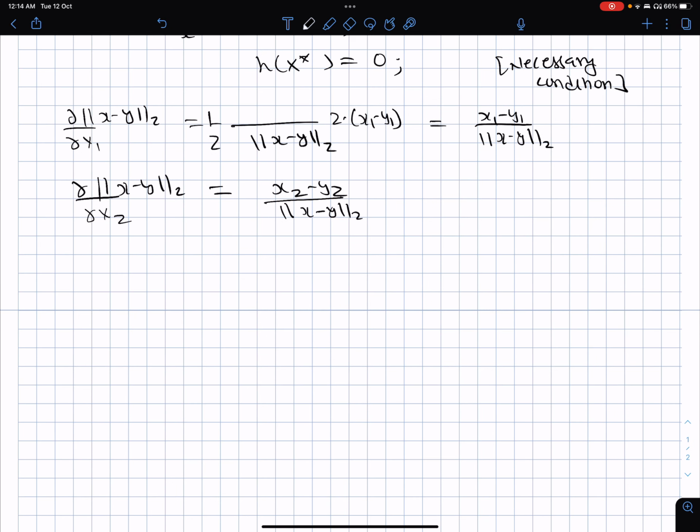And so if you put them together in vector form, then what do you get? You get that the gradient of this with respect to x is nothing but equal to the vector x minus y divided by the length of x minus y.